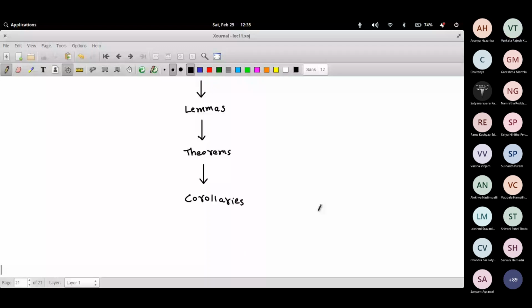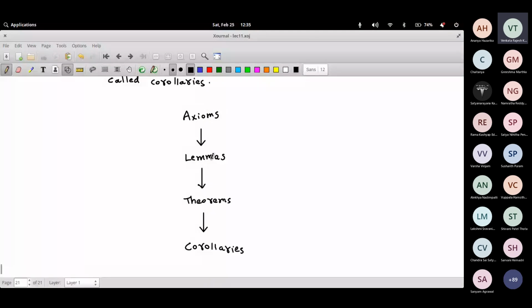And now it's not always necessary that to prove a theorem you should always prove a lemma in between. Sometimes you may prove lemmas which in turn help you in proving theorems, or sometimes directly from axioms you can be proving a theorem. Okay, anything is fine.